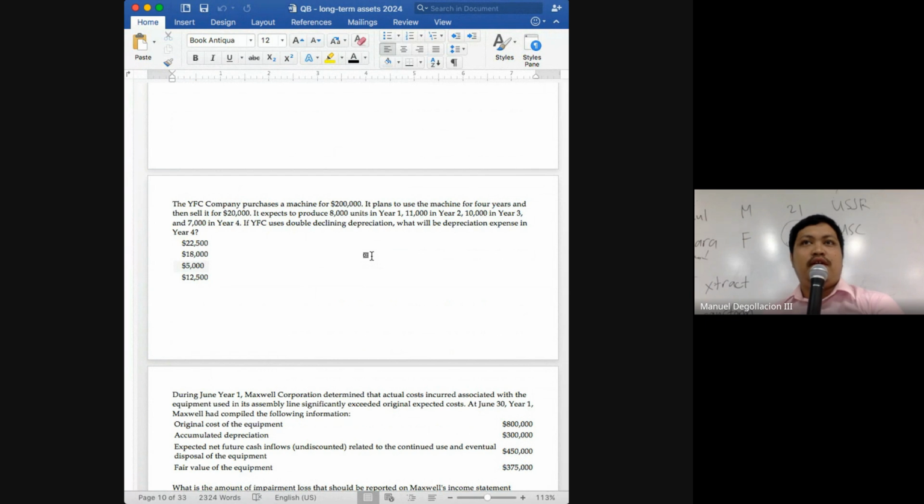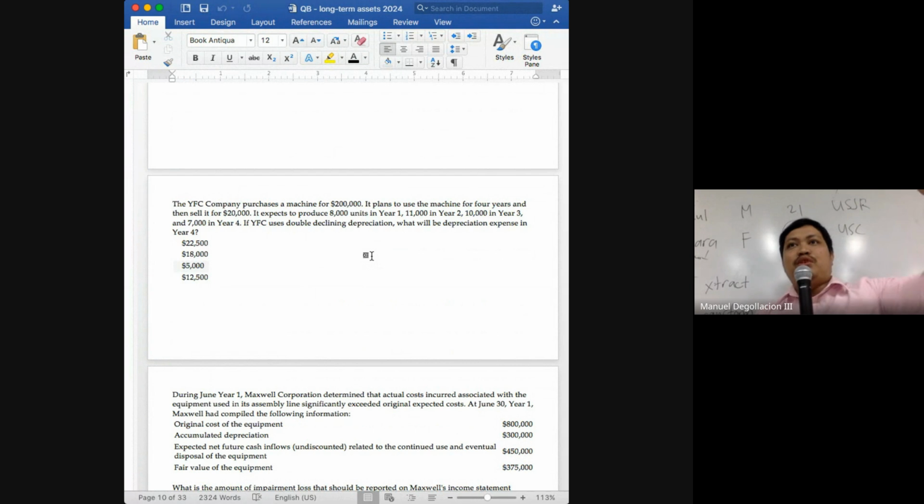Okay, because under the double declining balance method class, you multiply the depreciation rate with the declining balance. That's why it's called double declining balance class, because you will multiply the depreciation rate with the declining balance. What do we mean? After the first year, how much now is the carrying amount of the asset?